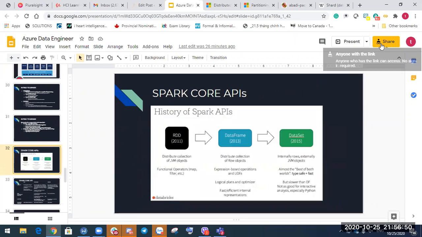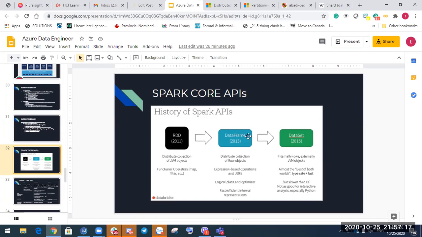Spark API. I don't believe they will test on this, but I'll quickly tell you that underlying all other Spark APIs, there's always the RDD. This is the evolution of the Spark API, and this is where we are now. But underlying all of this, there's still the RDD doing the processing. So the core of the Spark API is the RDD.